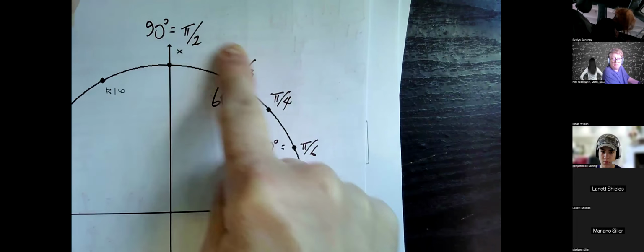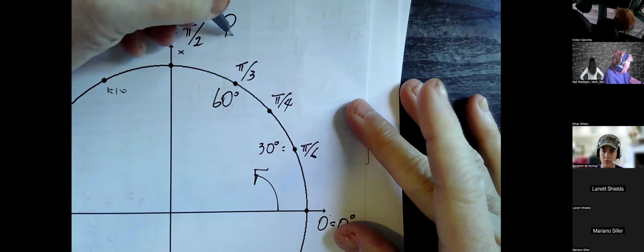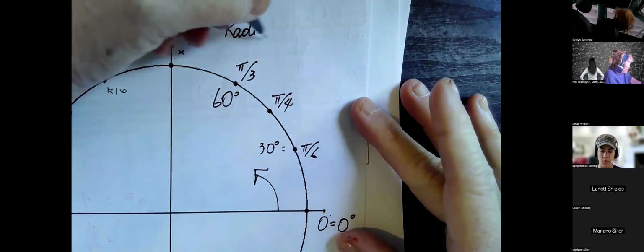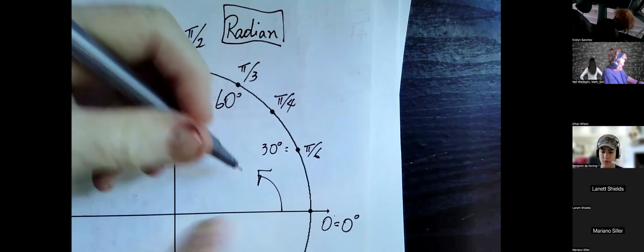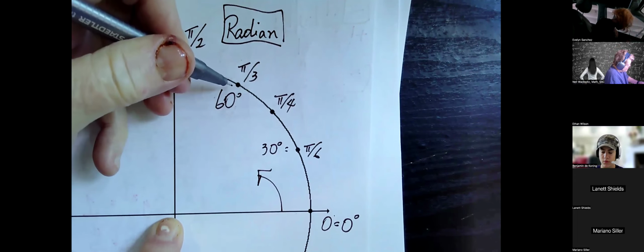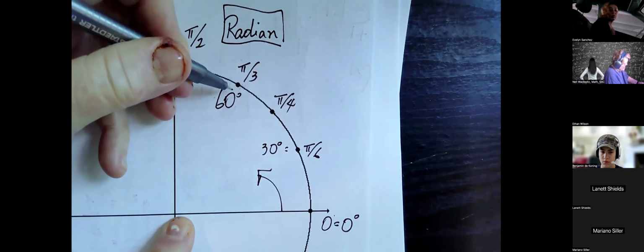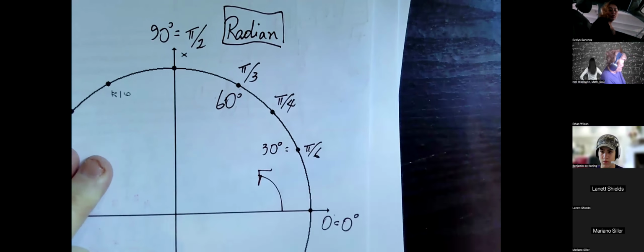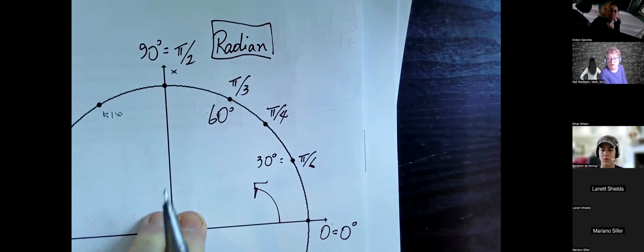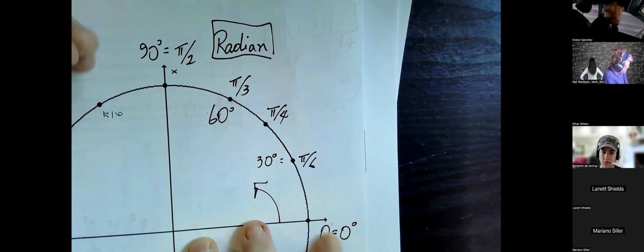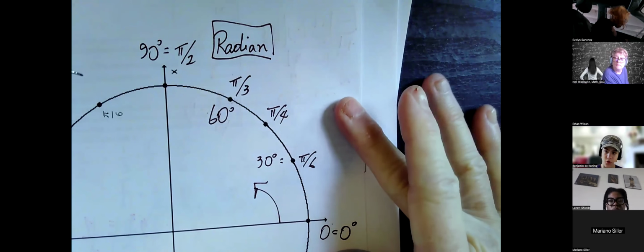So these pi measures are called radian measures. 1 radian is the angle size where the arc is the same size as the radius. So 1 and 1, pretty much there. Anyway, that's not so important to us now, but radian measure is the measure involving pi. Okay, what is half of 90? 45. Good.